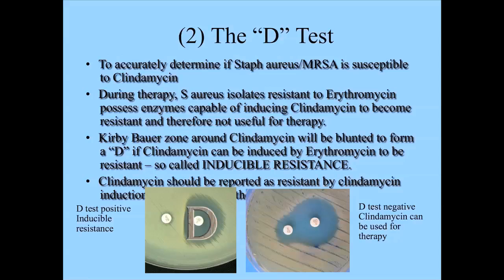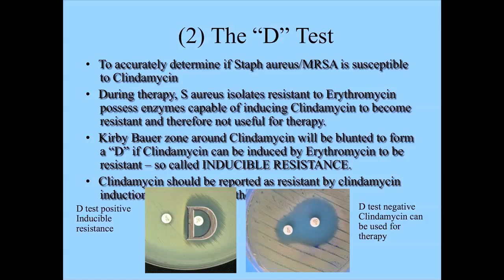On the next slide, we talk about the D-test. The D-test is really an interesting test, so called because the zone size looks like a D, and this is to determine if Staph aureus or MRSA are susceptible to clindamycin. During therapy, Staph aureus isolates resistant to erythromycin possess enzymes capable of inducing clindamycin resistance, so clindamycin wouldn't be useful for therapy.